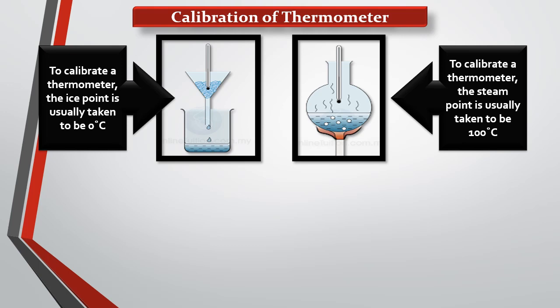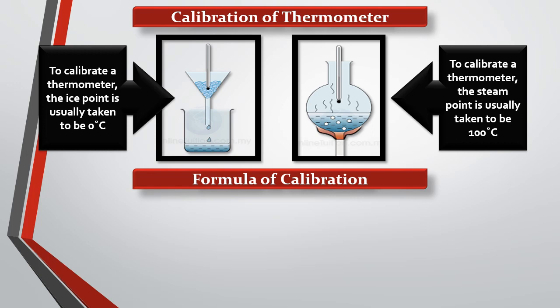On the right side diagram, to calibrate a thermometer, the steam point is usually taken to be 100 degrees Celsius or less. In the picture, we put the thermometer near the water, but not immersed. We just put it near the water so that the temperature of the steam can be absorbed by the thermometer. This is what we call the boiling point.